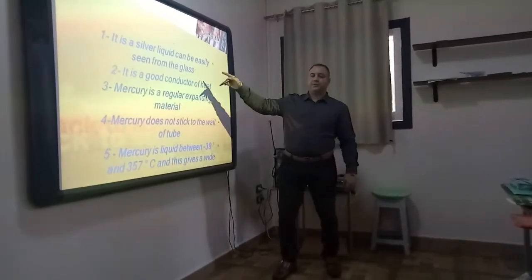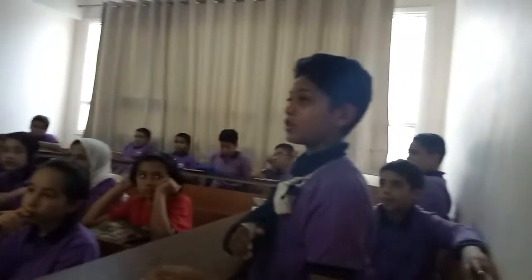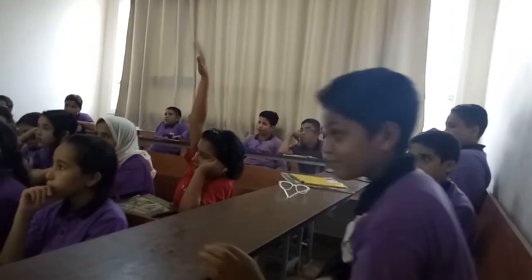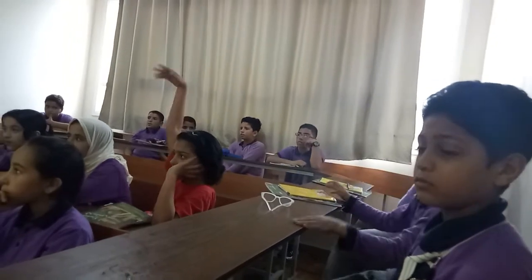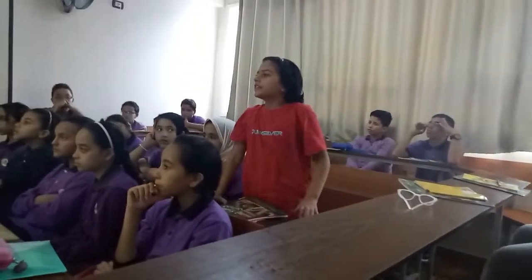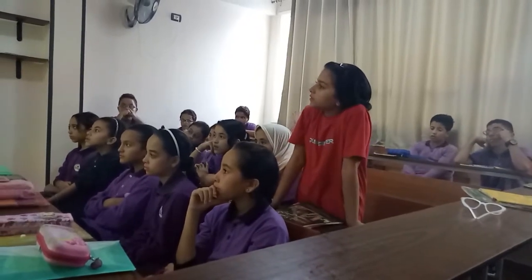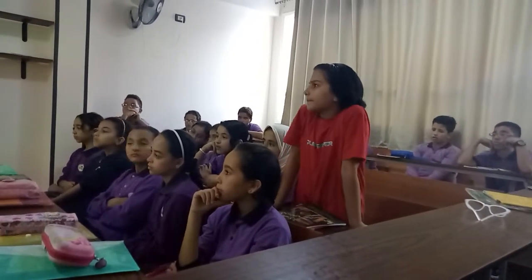Number one, the silver liquid can be easily seen through the glass. It's a good conductor of heat. Mercury is a regularly expanding matter.